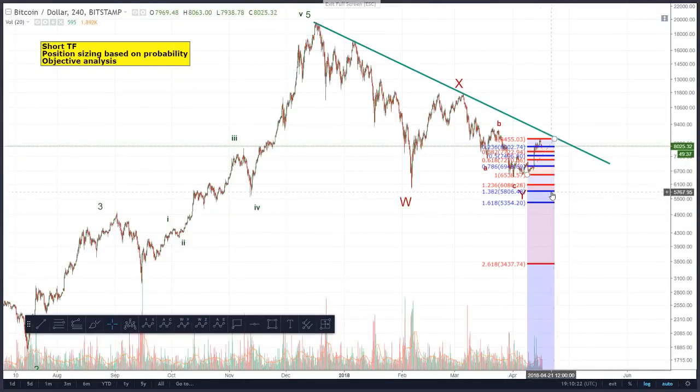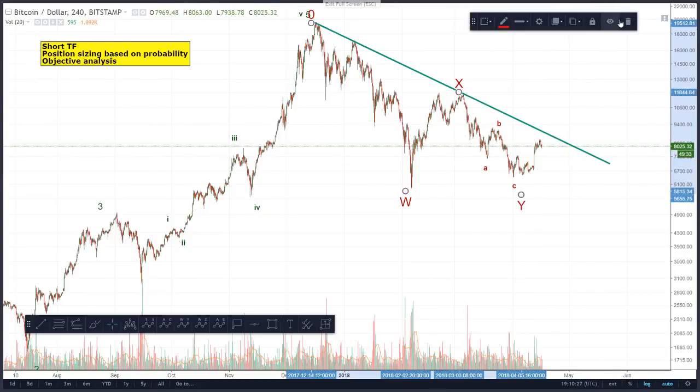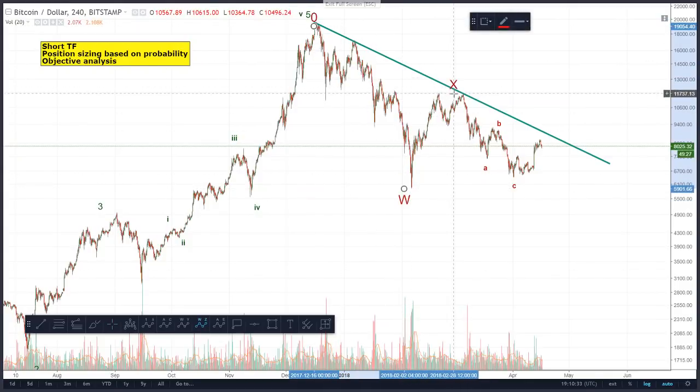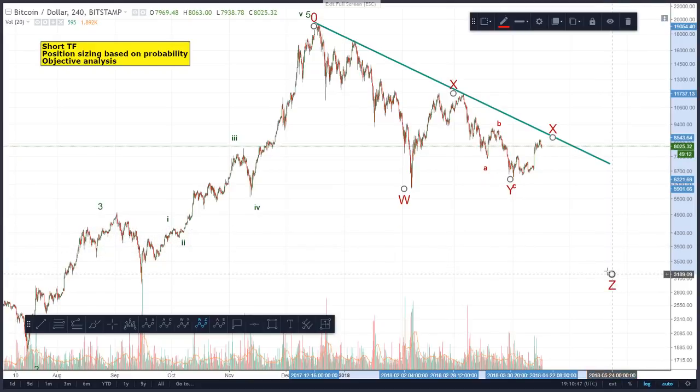So if we just remove our WXY moment, and we just put a WXYXZ. So that's WXYX, and then Z wherever, let's say 3,000. But it doesn't look like it's going to come down quite so low.